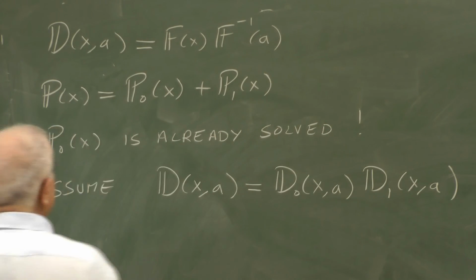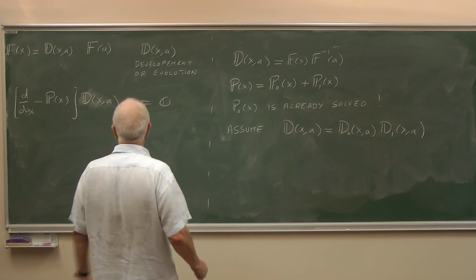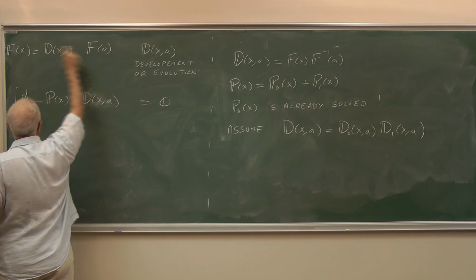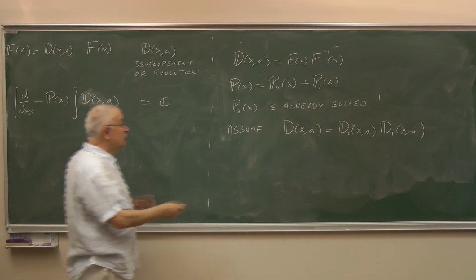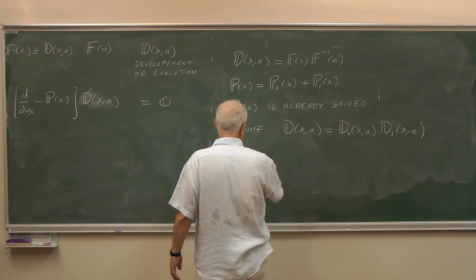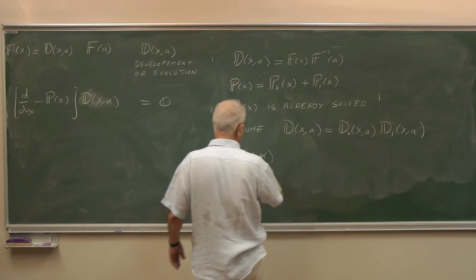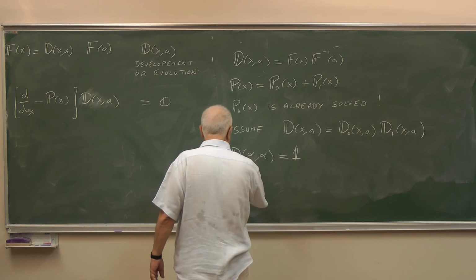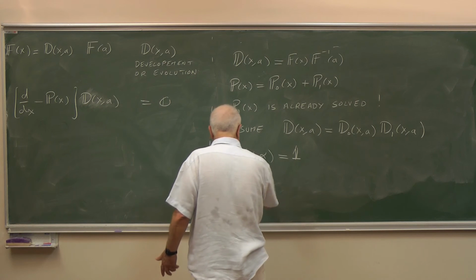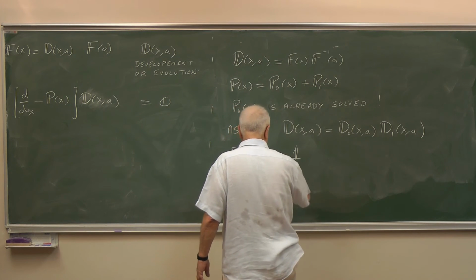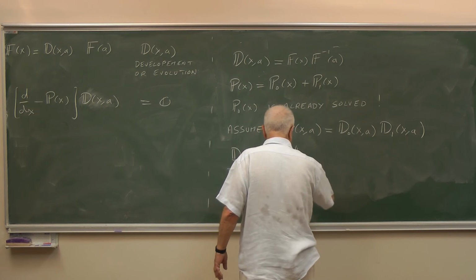What are the properties of these development operators? From here, remember, it takes me from point A to point X. So if it doesn't take me anywhere, namely it takes me from alpha to alpha, I should have identity. How about the double product, d alpha beta, d beta gamma?